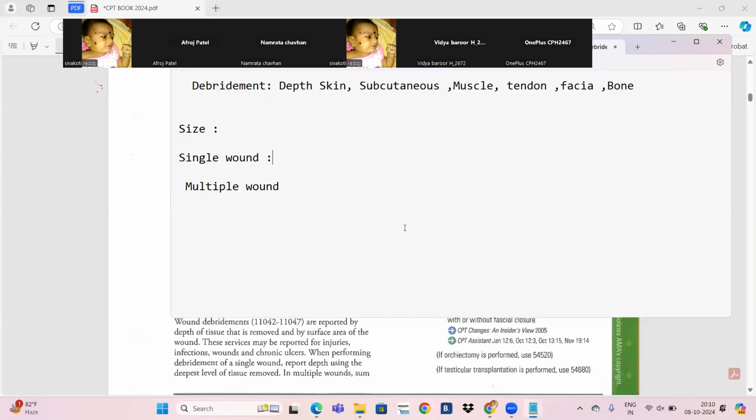If they did single wound debridement, muscle level, bone level, tendon level, and in a single wound multiple depths are documented, which depth will you take? Will you code all three depths separately, or go with the deepest level, which means we code only bone level debridement.